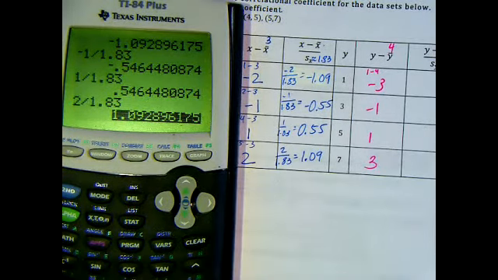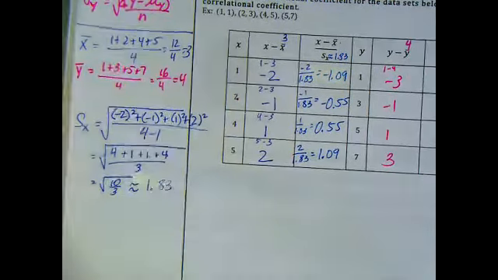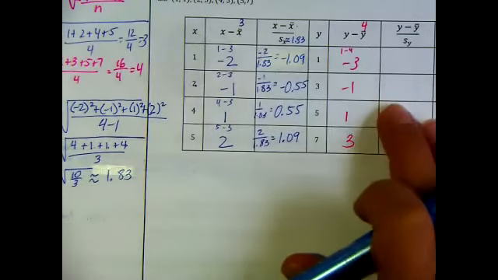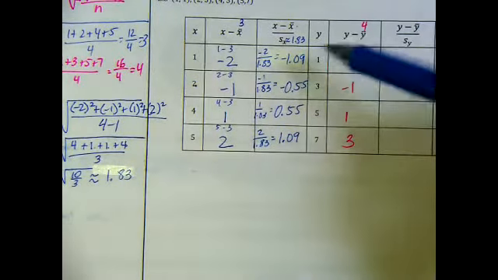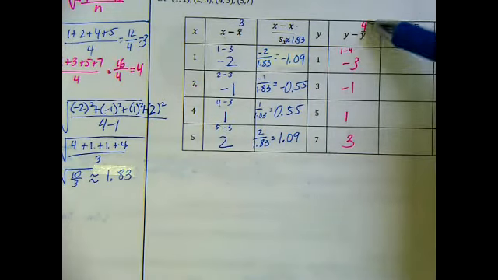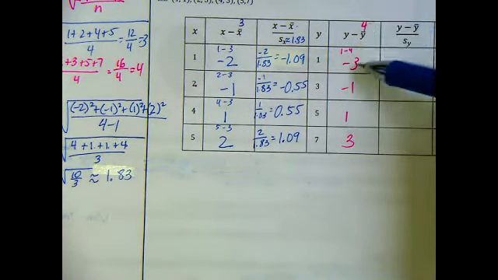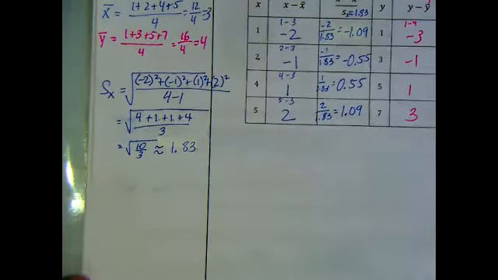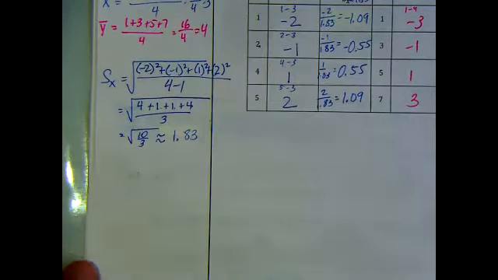And now we're going to do y's. So we're going to do the same process for finding the standard deviation for the y's now, okay? We have our y minus y bar, or y minus the average y. Okay, we have these values right here. So we're going to use them to find the standard deviation of the y now.